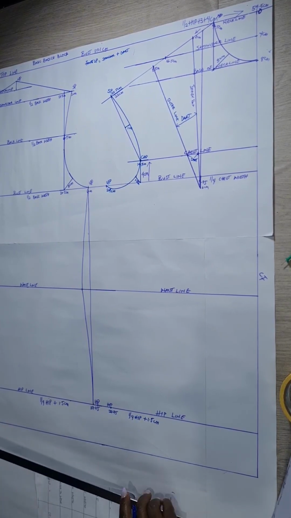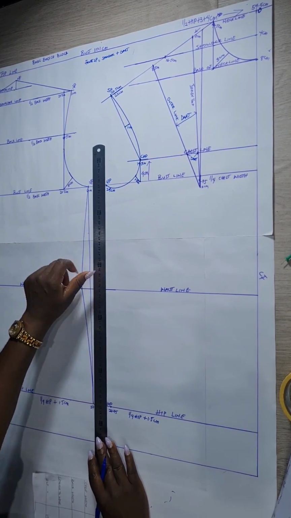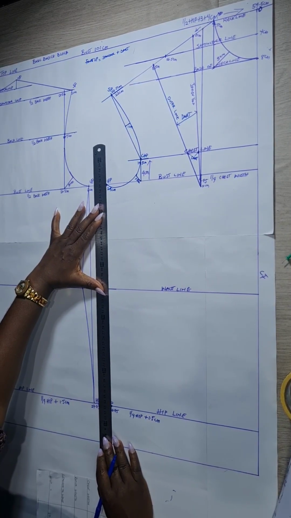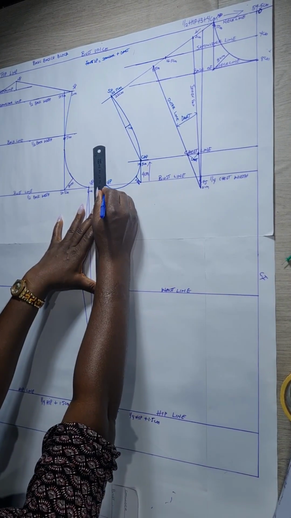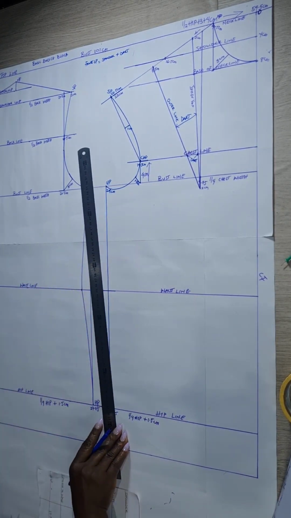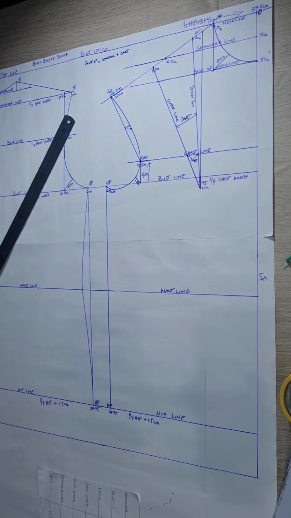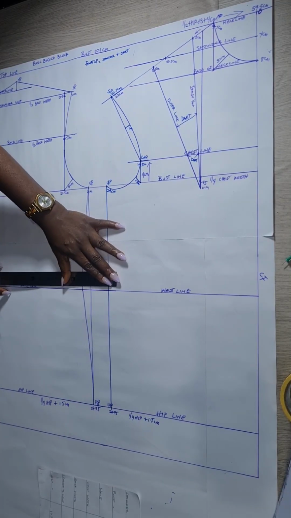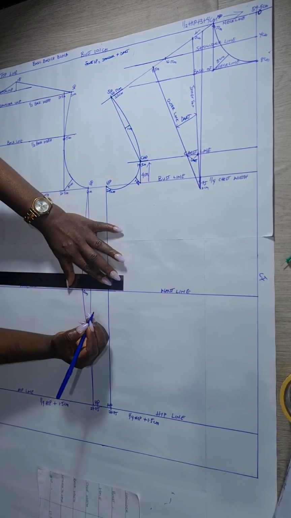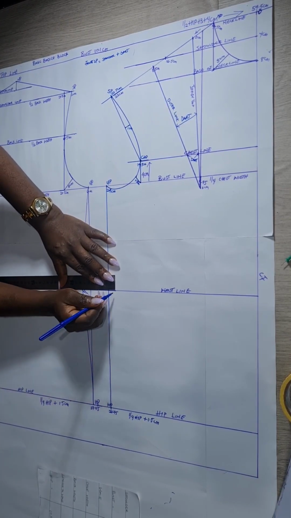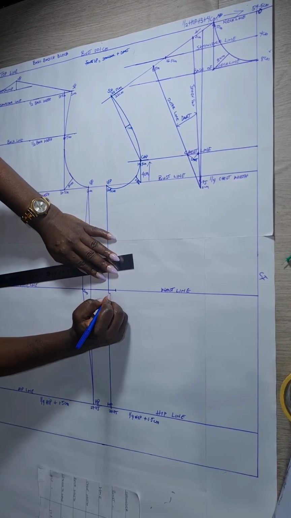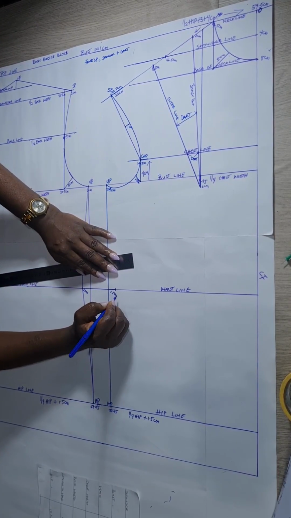So the first thing I need to do is connect my UP to HP, and measure 1.5 centimeter in. Remember at the back, we came in by 2 centimeter. In front now, we're to come in for a shaped seam by 1.5 centimeter.